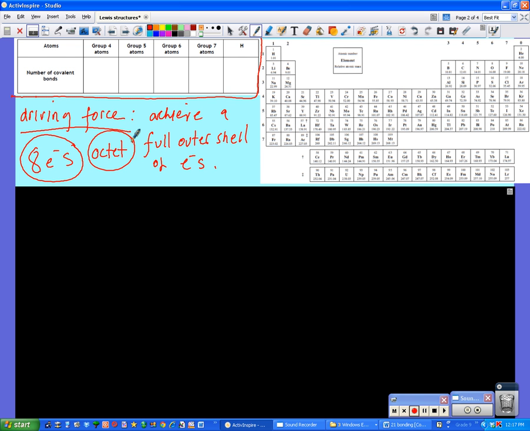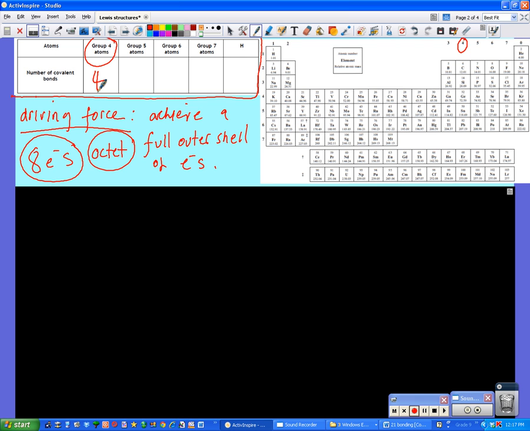Now, group 4 atoms, if you remember, will have 4 electrons in their outer shell. So in order for them to get a full octet, they need an extra 4 electrons. That can happen by sharing those electrons. So if I have a group 4 atom, if it makes 4 covalent bonds, it's going to have a full octet.